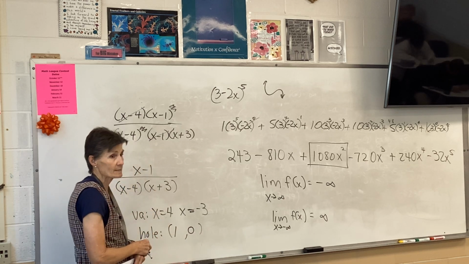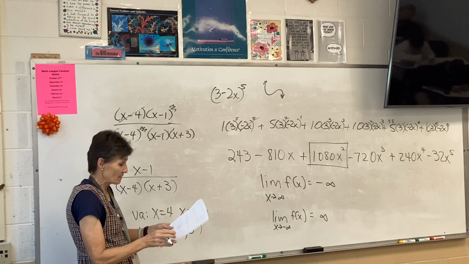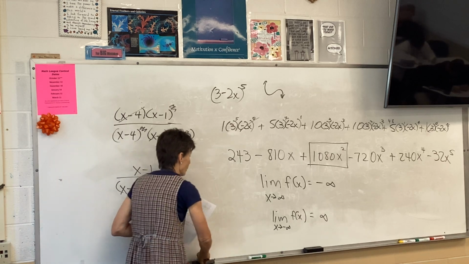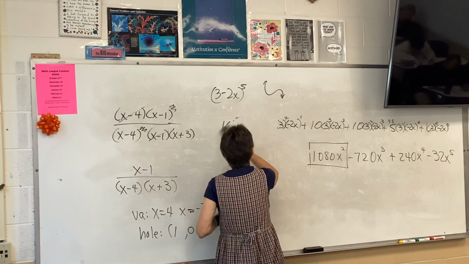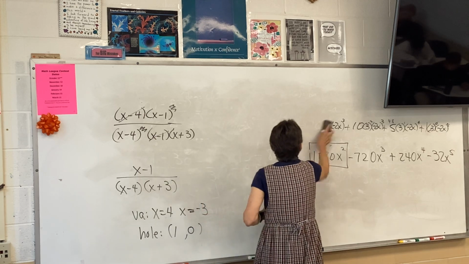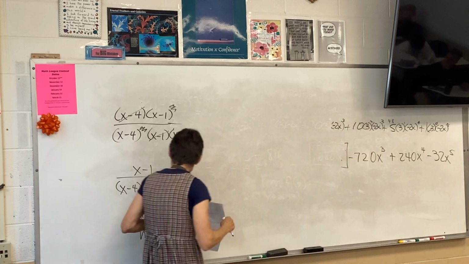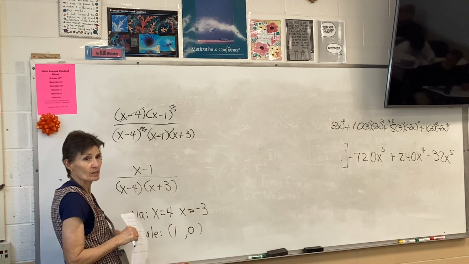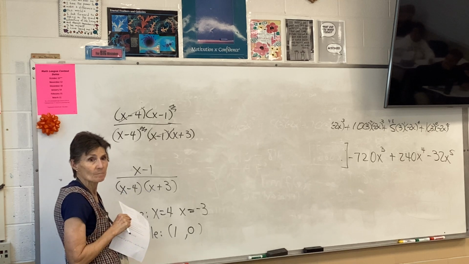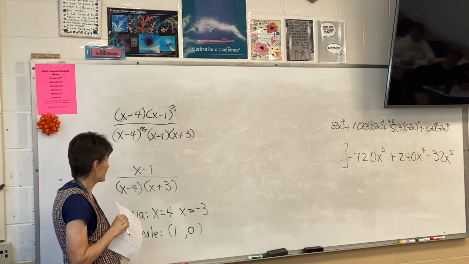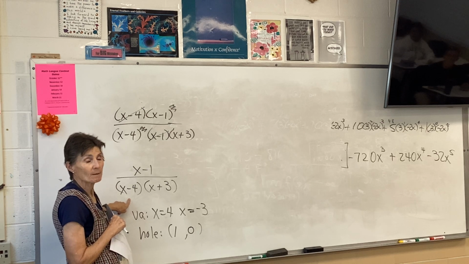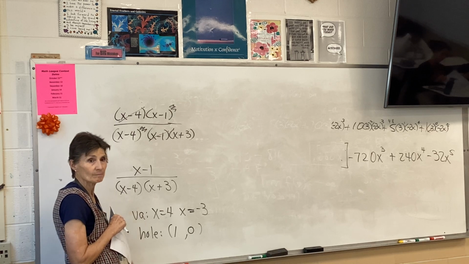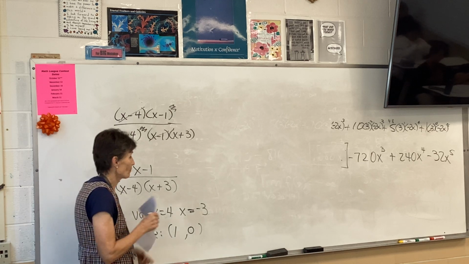So the hole is at (1, 0). If something is going to be a hole, you must be able to get a y coordinate. Are we good with that? So why is there not a hole at 4? Because I can't plug 4 into my problem. If it's going to be a hole, it has to be an ordered pair.